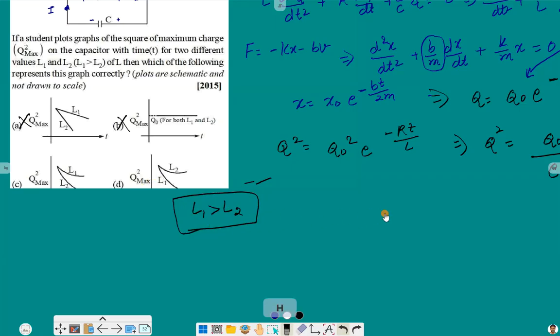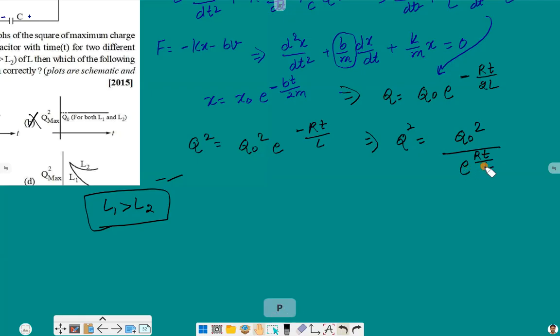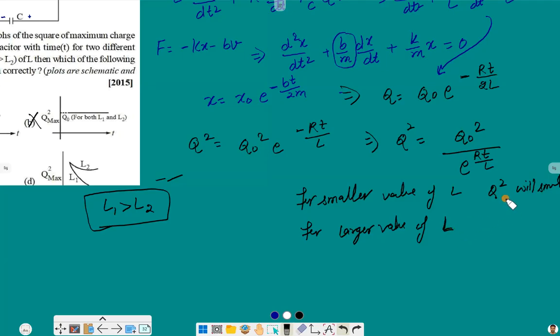If we see this term here, if the value of this L is smaller, then this whole term will be larger as a whole, and then e raised to that power will be higher. So we can say for a smaller value of L, q square will be small, and for a larger value of L, this q square will be higher.